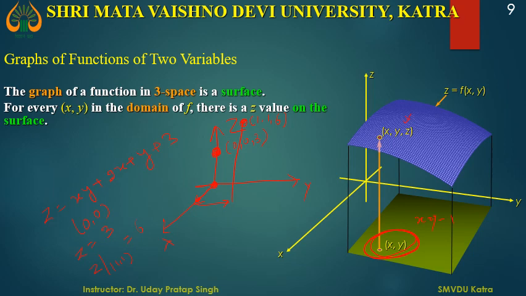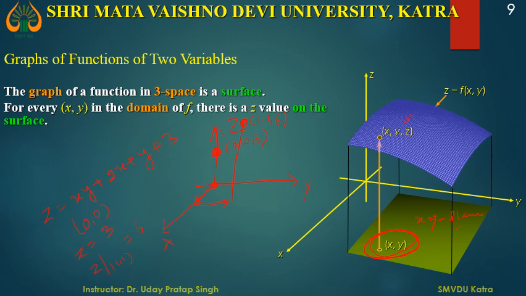This xy is a plane, our domain of the function. Every point of the domain gives a unique value of z. See the example here. At 0, 0 we got 3. At 1, 1 we got 6.